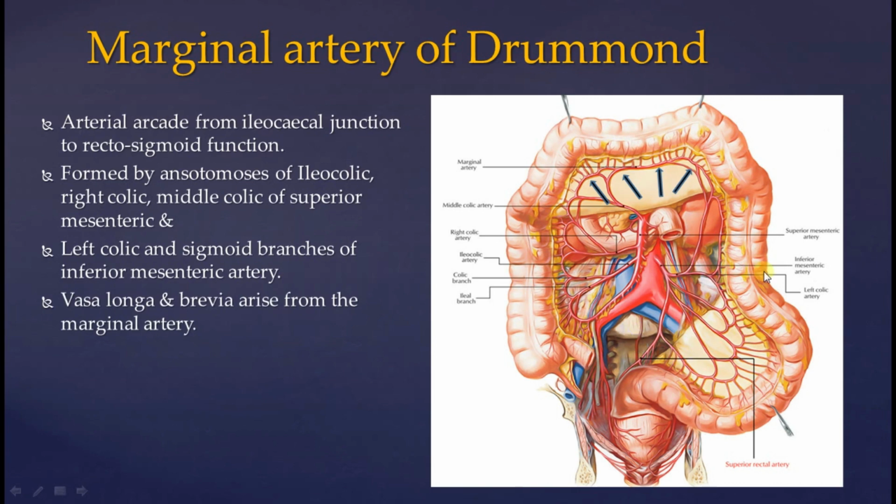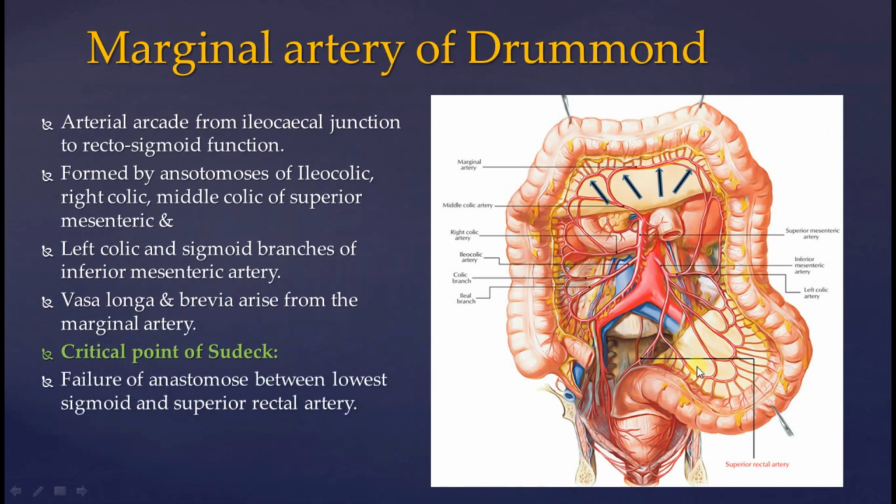From there, the vasa longa and brevia, this we have already discussed in the initial part of our class itself. They supply the outer 2/3 and inner 1/3 of the muscle coat of the rectum, the gut tube as such. Now, if the connection between the highest sigmoidal artery and the superior rectal artery is not established, then it is called the critical point of Sudek.